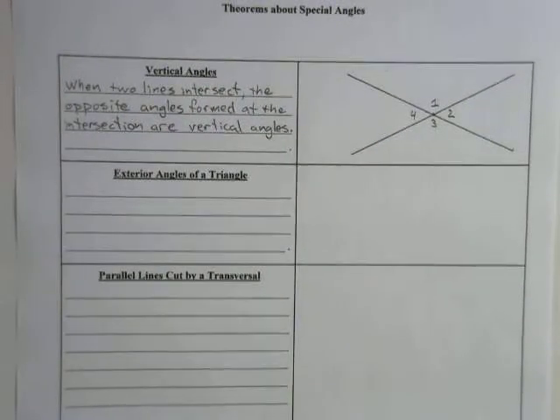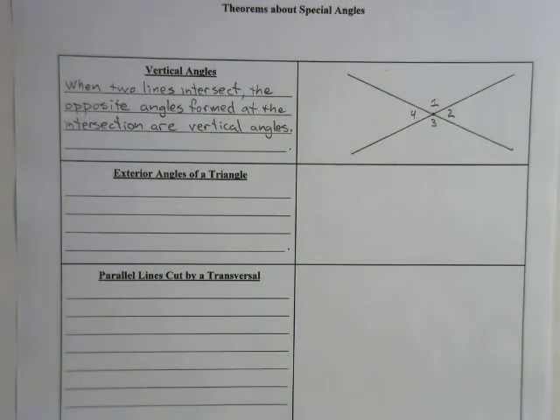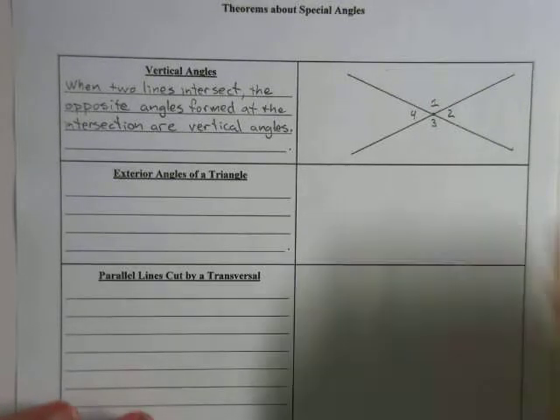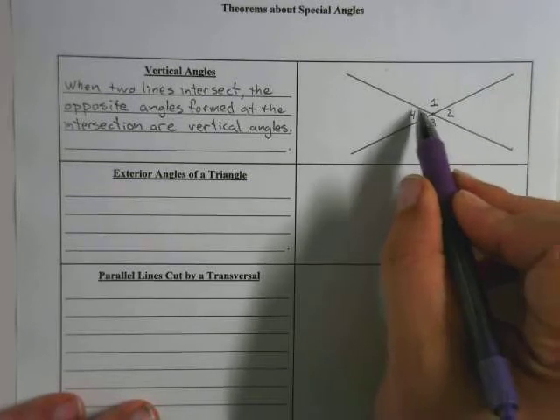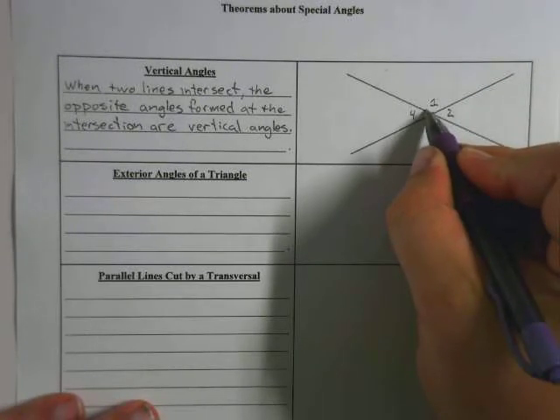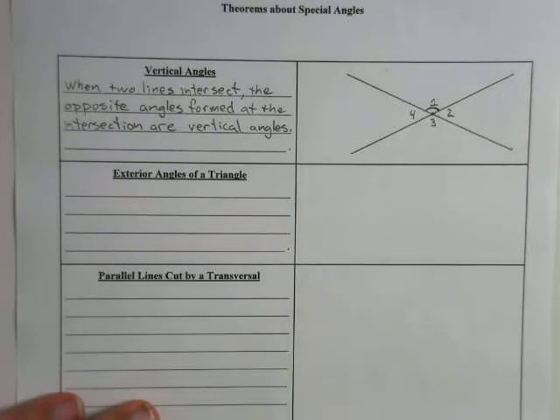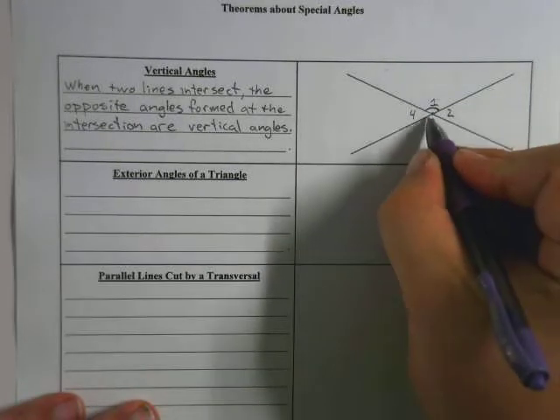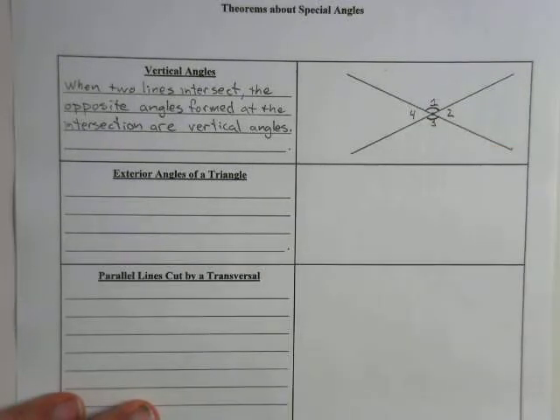Okay. Now, what's so special about these angles? Well, what ends up occurring is that angle 1 is congruent to angle 3.